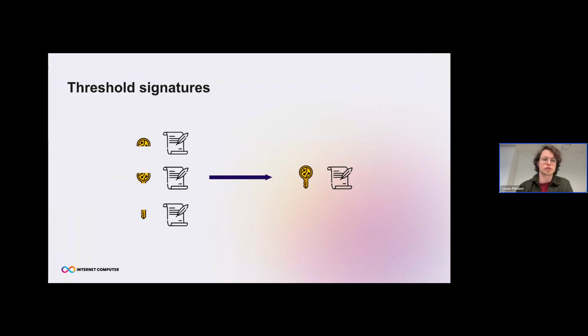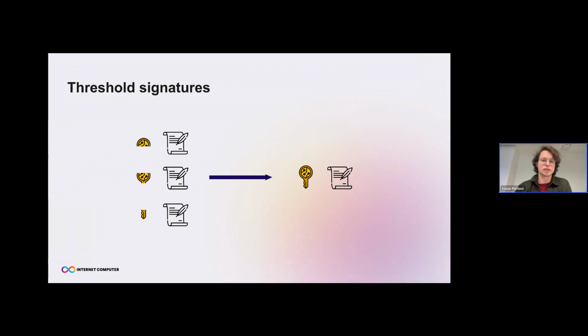Generally, threshold signatures are not something that's unique to DFINITY or to the ICP. Threshold signatures are a cryptographic method that allows splitting a private key into shares, and obtaining a signature for the original key by combining the signatures that were made by the individual shares.